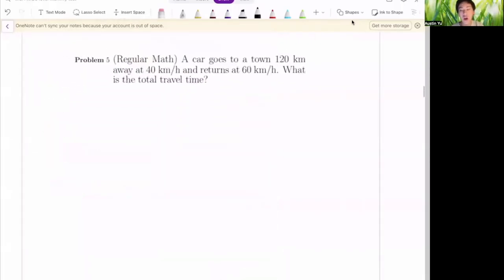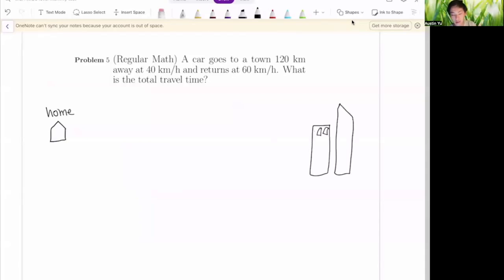Problem 5. A car goes to a town 120 kilometers away at 40 kilometers an hour and returns at 60 kilometers an hour. What is the total travel time? So let's say that the car just simply starts at his house, so home. And then let's say that this is the town, right?